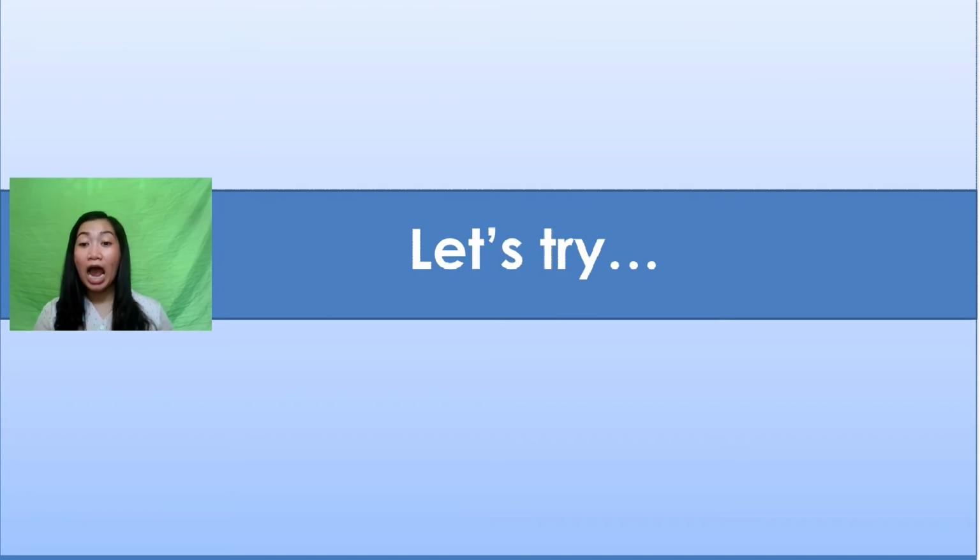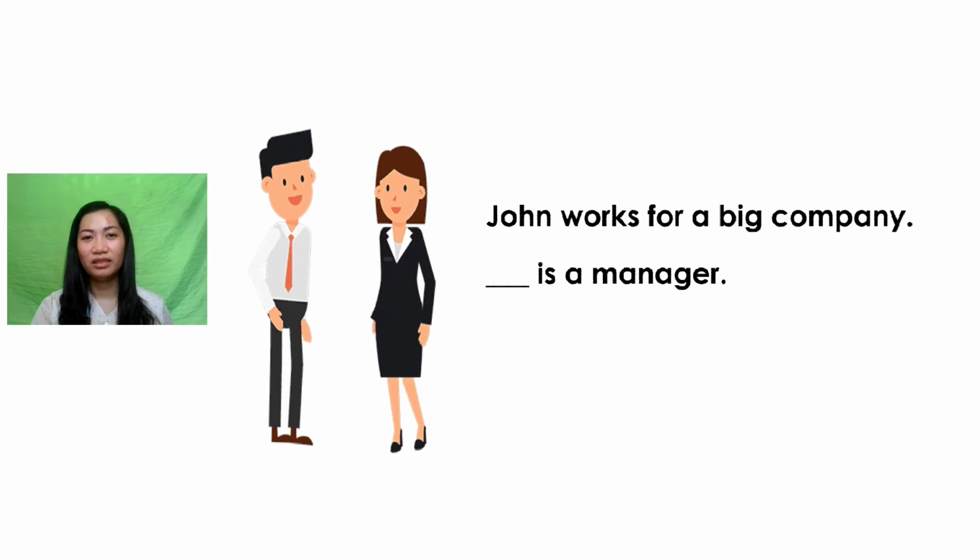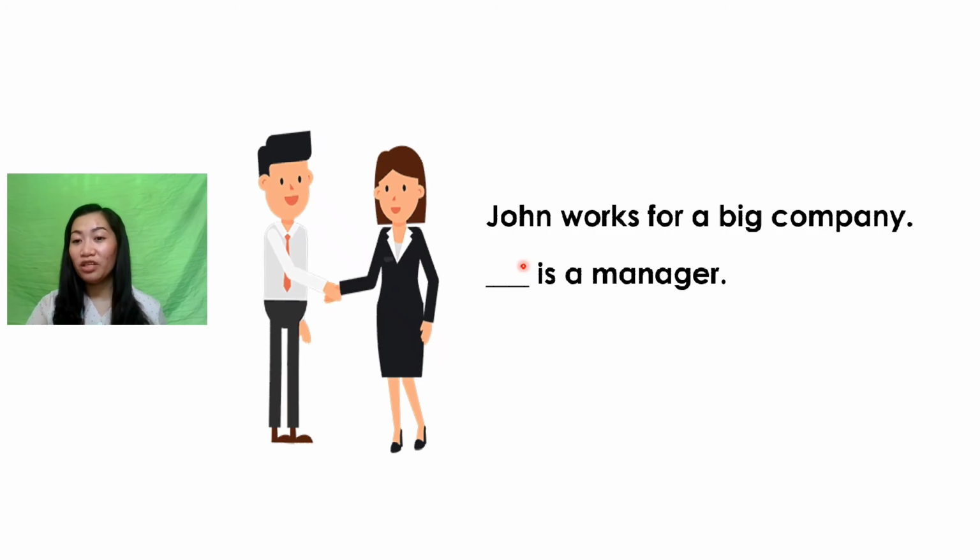Alright. I want you to try some examples in the next slides. I will be giving you only 10 seconds to think and to answer. It's like a game. So, are you ready? Okay, let's go. We will be reading first the sentence. John works for a big company.